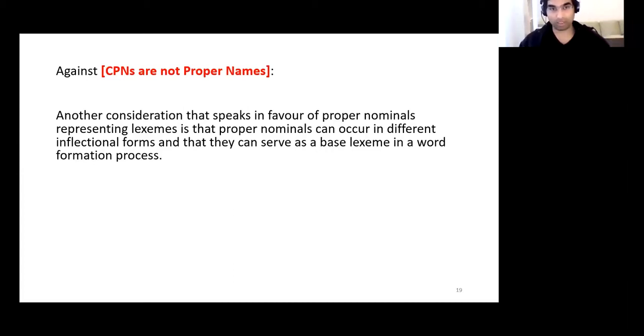The whole proper nominal acts as a single unit when it is inflected. Also, it can serve as a base lexeme in a word formation process. Word formation processes are thought to take lexemes as their inputs, and proper nominals can serve as base lexemes. So the second objection raised by Rayburn can now be addressed in the following manner.